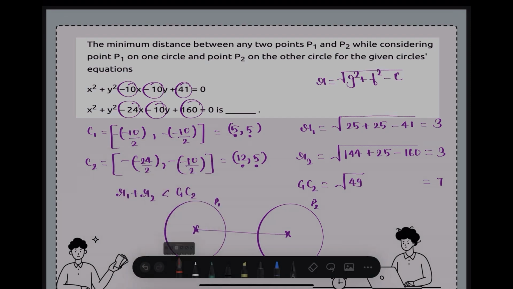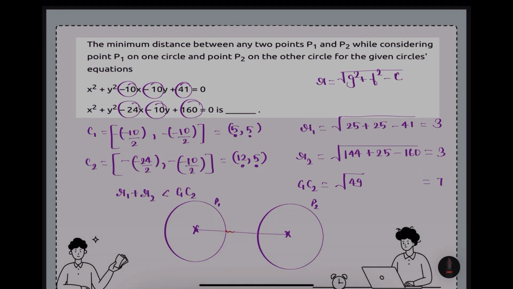So if they talk about the minimum distance, you should find this distance, because at this point P1 can stay, at this point P2 can stay. So this is the minimum distance. And if we talk about the maximum distance, you should make sure that P1 stays at this point and P2 stays at this point. So you will have the maximum distance.